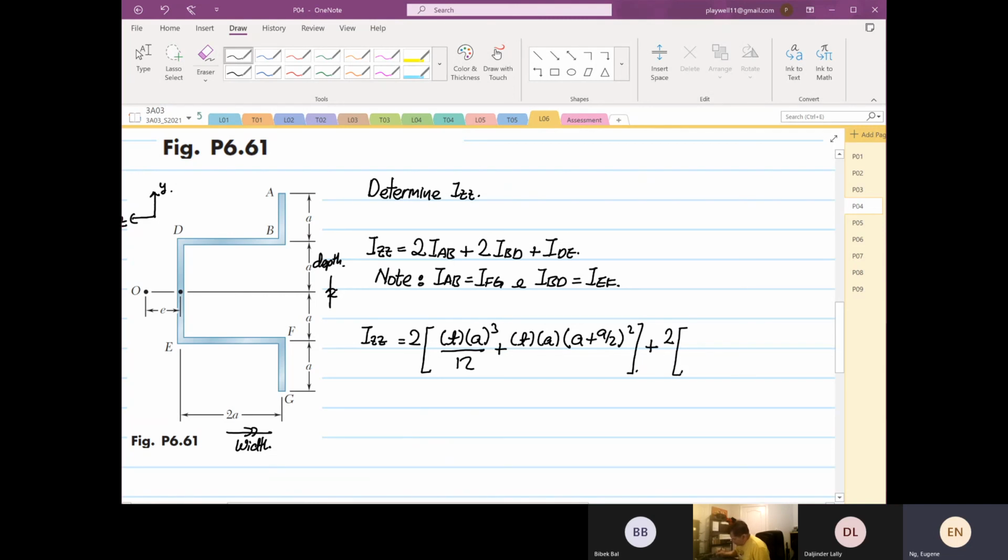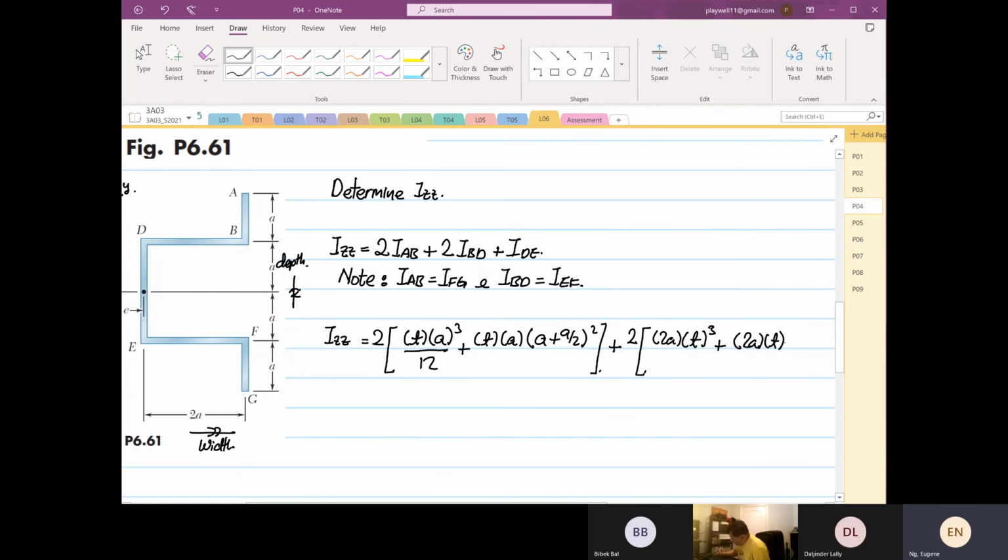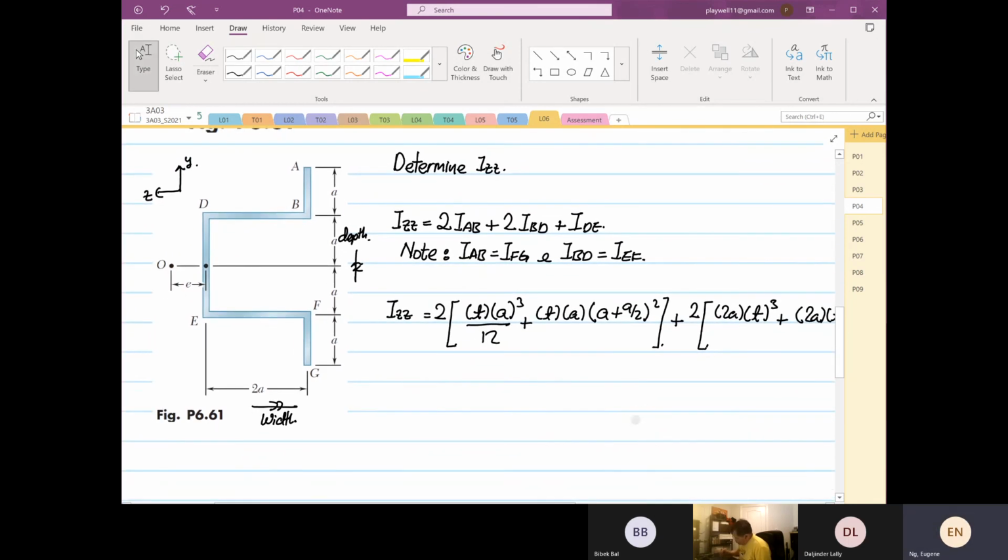Then plus twice again. The width now is 2A multiplied by T cube, plus 2A multiplied by T multiplied by A squared. Okay, and the last one plus the width is T, the depth is 2A cube over 12.